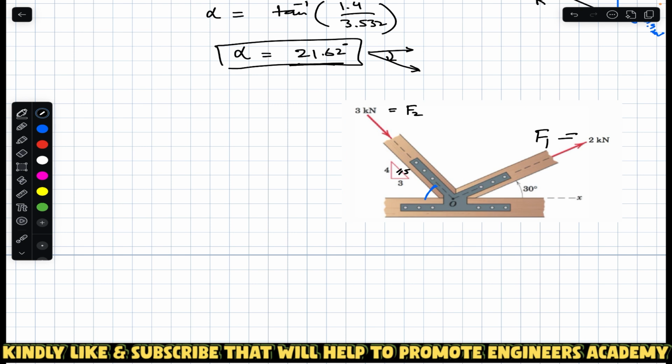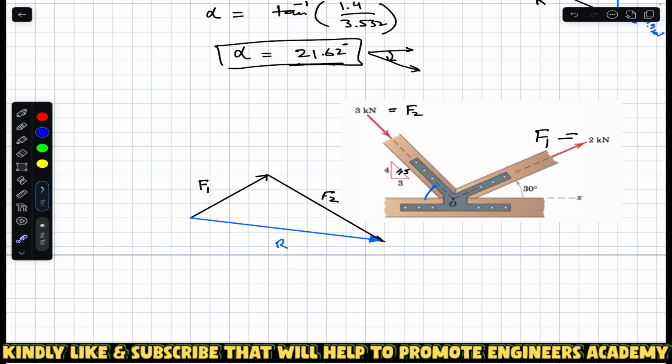So if I apply the geometrical method, let's say this is f1 and this is f2. If we add f1 and f2 by the head to tail rule, then we will get the resultant. So this will be the resultant of f1 and f2, which is required.